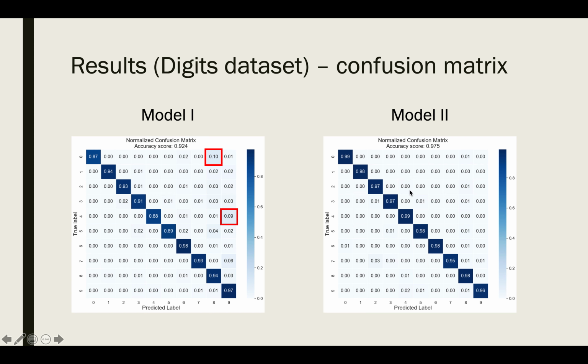We don't have many classes that are assigned by mistake, but here we can see that the model has a hard time recognizing 0 and 8 and 4 and 9, which are a little bit similar to each other.